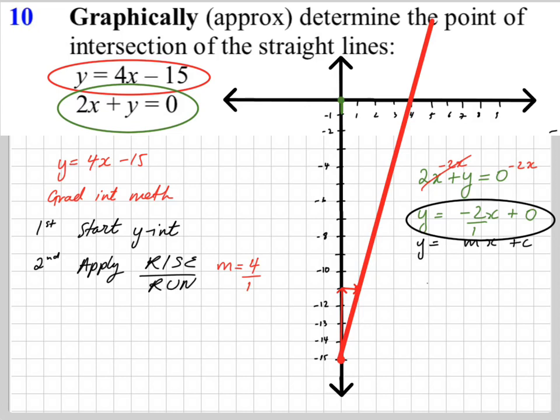So let's go down 2, 1, 2, and our run is 1. So now if we can join those two dots, we stopped here. So we started here, we end here, we join those two dots, and that's our equation.